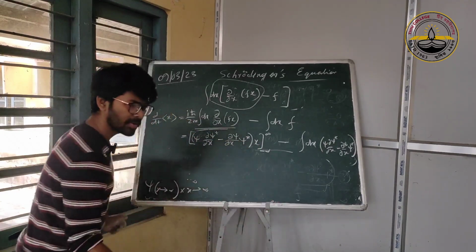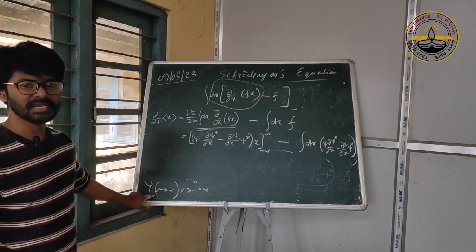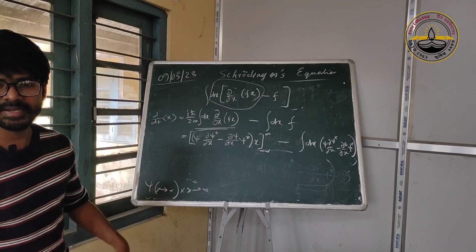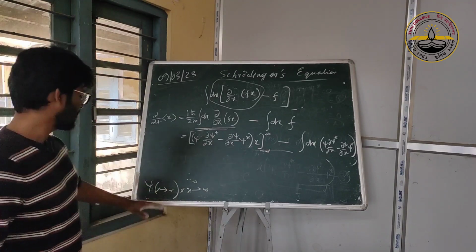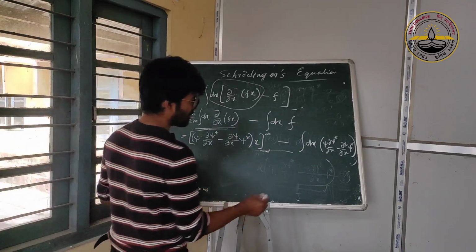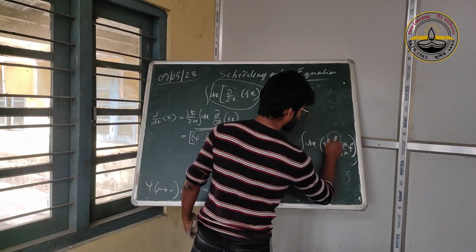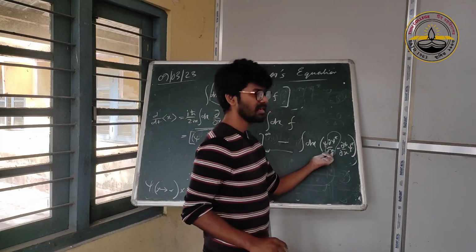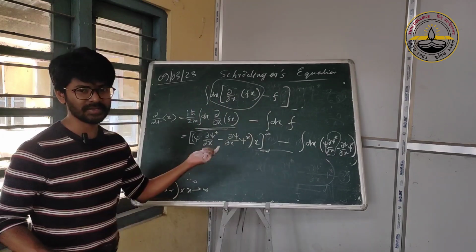And that's why it's important that your psi dies faster than at least 1 over square root of x, and mod psi squared dies at 1 over x. But remember, here we also have del x del psi star.